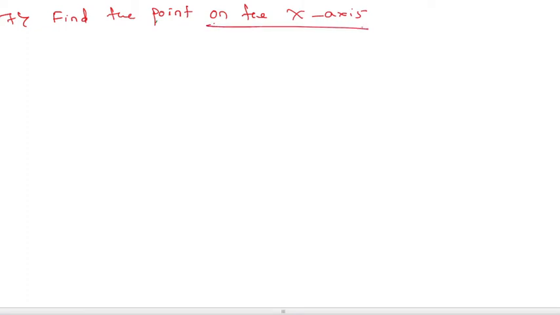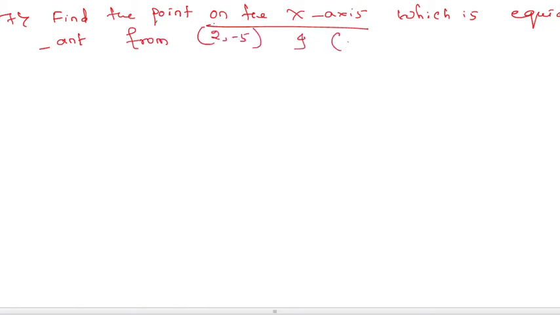On the x axis, y value is 0. Find the point on the x axis which is equidistant. Condition is given. What is the condition? Which is equidistant from 2 comma minus 5 and minus 2 comma 9.